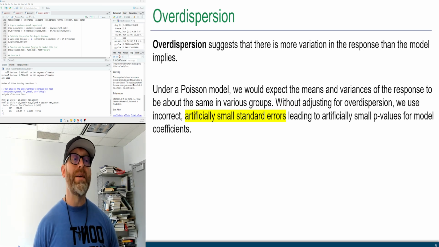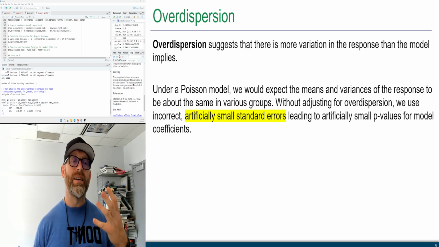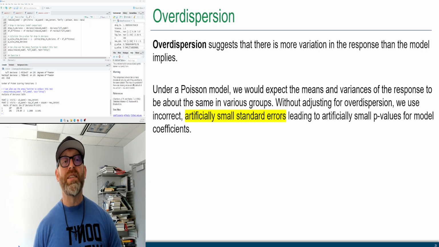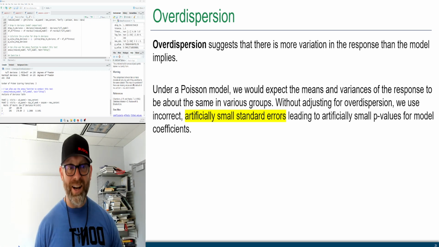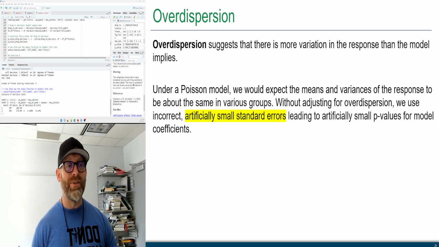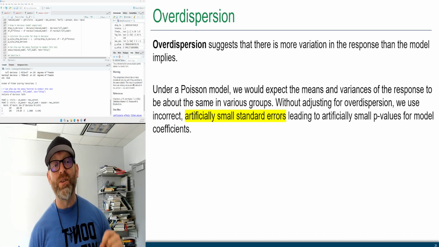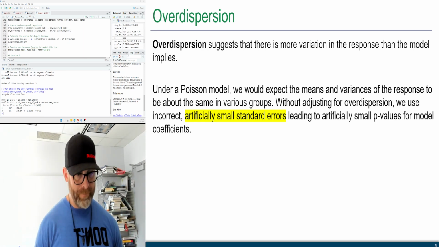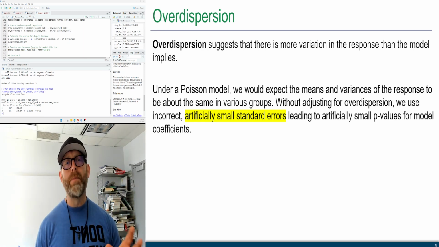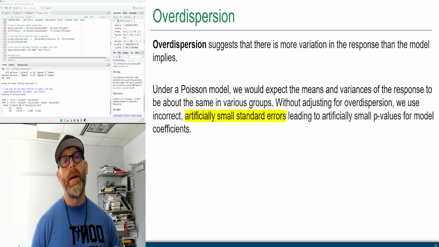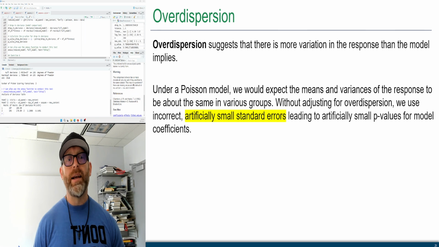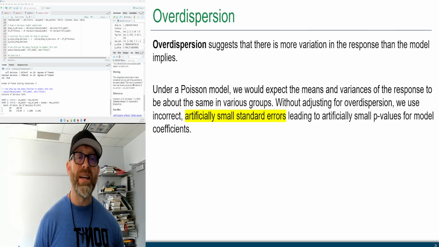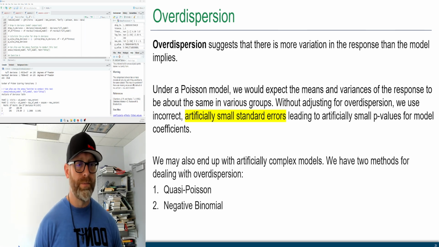Here, on the other hand, because we have an artificially small standard error, it's going to overinflate our test statistic and underinflate our p-value, making it look like the predictors are a lot more statistically significant than they actually are. Again, we're not talking about being able to predict, but about the ability to explain what is happening based upon the coefficients of the model.